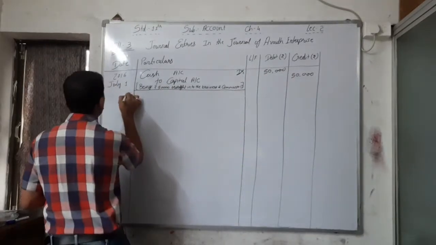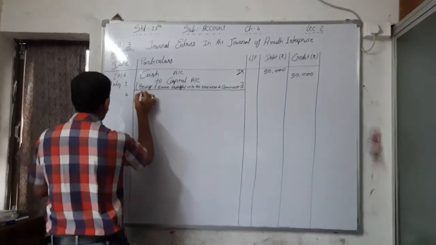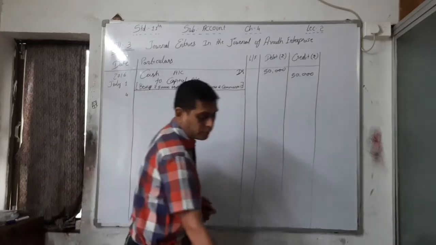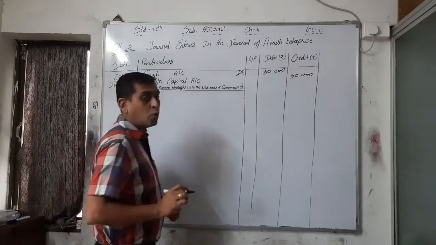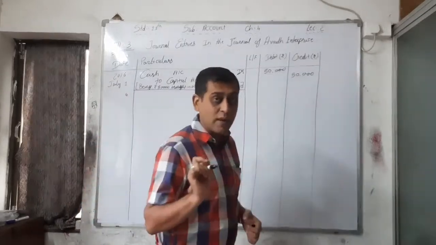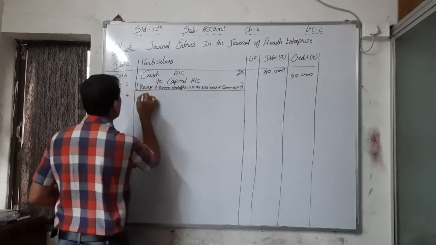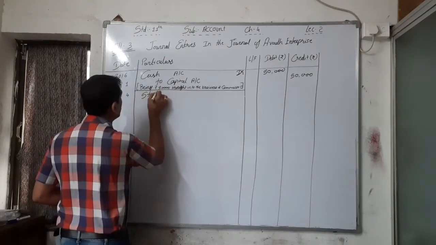Date number 4. Goods of rupees 10,000. So we can write the goods account as well as the stock account. See here, I am writing both.